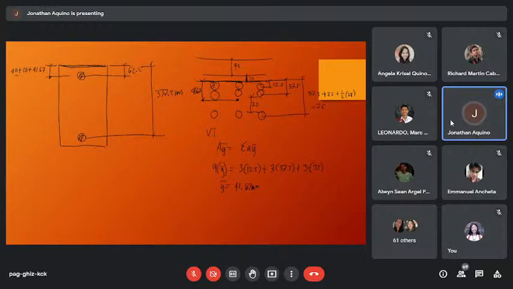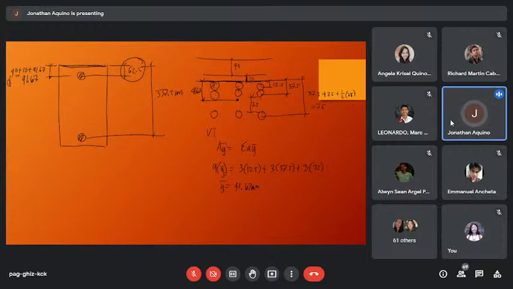So this will give the actual d prime of 40 plus 10 plus 41.67. So the actual d prime is now 91.67. So ito yung assumption lang natin kanina. So ito na ngayon yung bagong d prime.